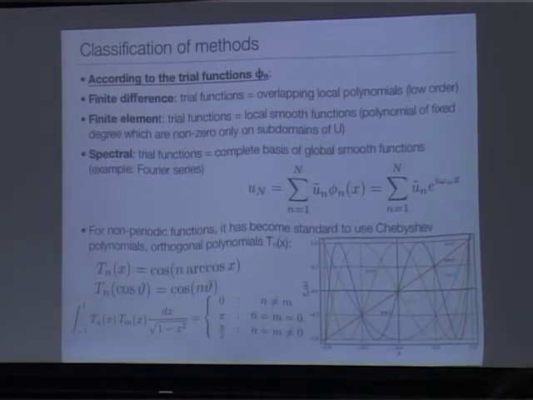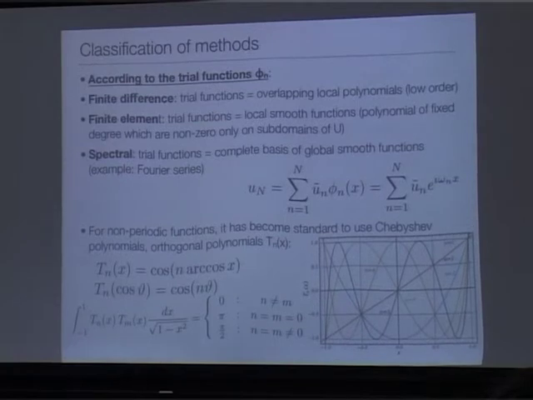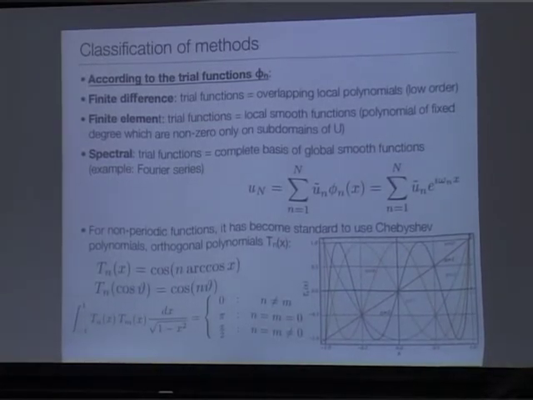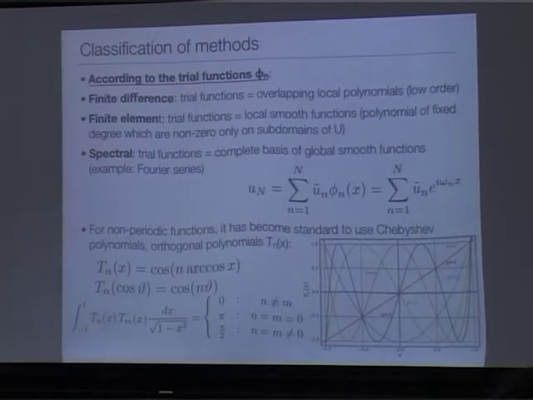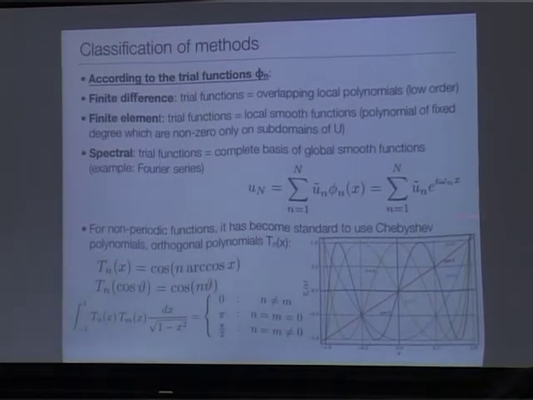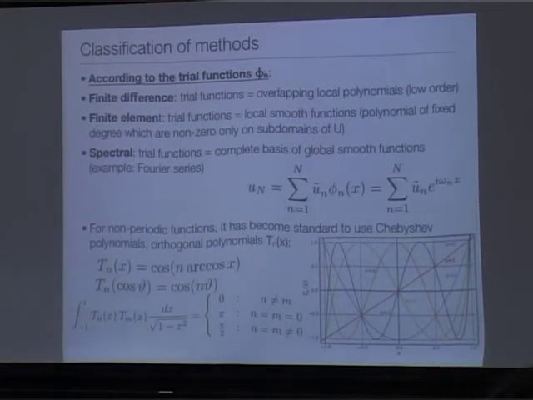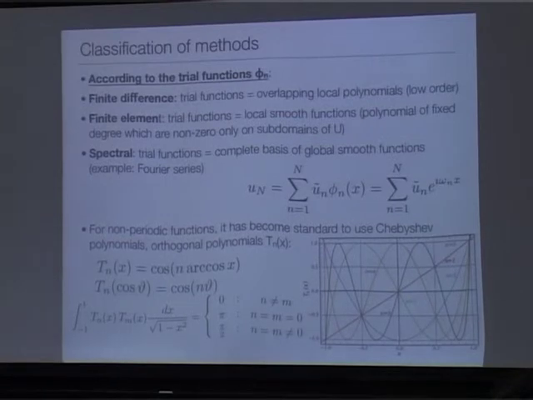For example, if you have a periodic problem with periodic boundary conditions, we could just expand our solution as a Fourier series. If we expand our solution not in a local polynomial, but in a Fourier series over the whole domain, that's the simplest example of a spectral method.